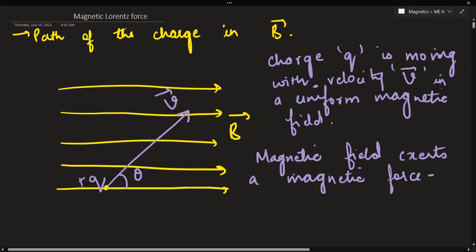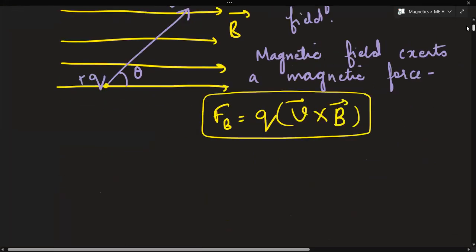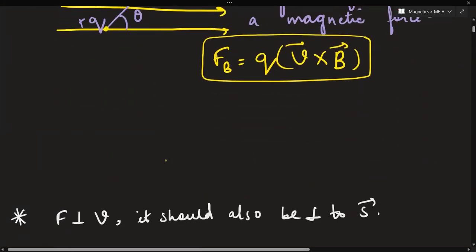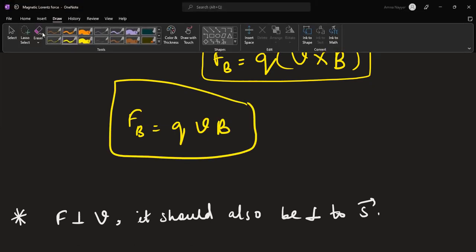So magnetic force is what? The magnetic field exerts a magnetic force, and this magnetic force is the charge times the cross product of velocity and the magnetic field. Charge into v cross B. So F_B is written as q v cross B, where see what is meant by each term.